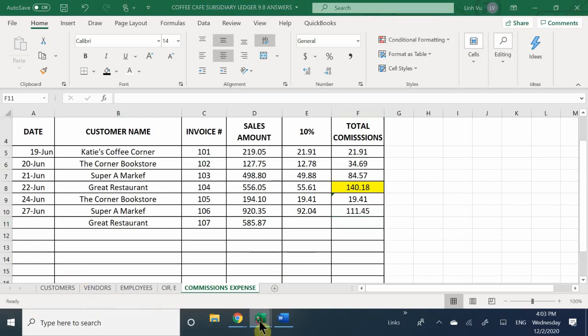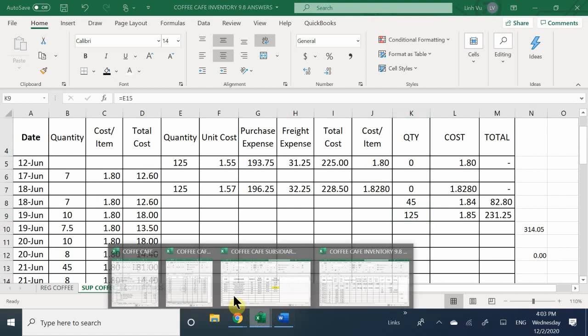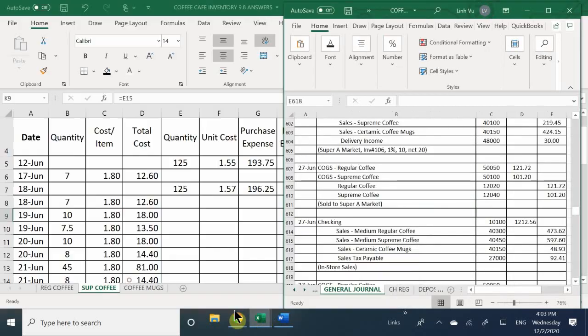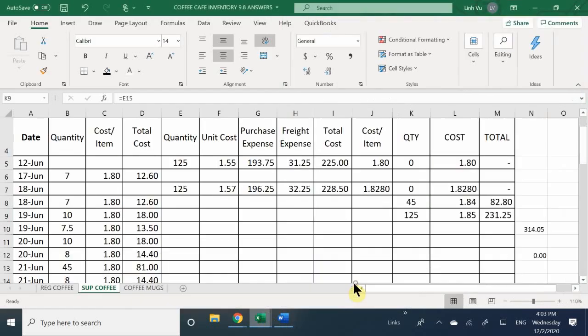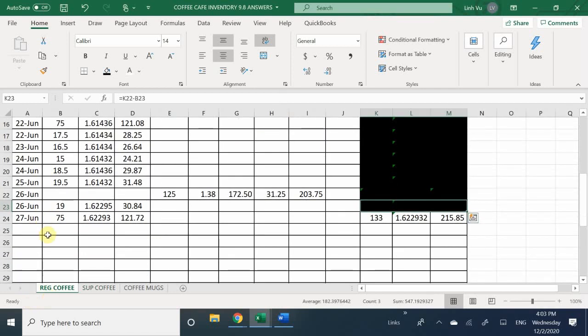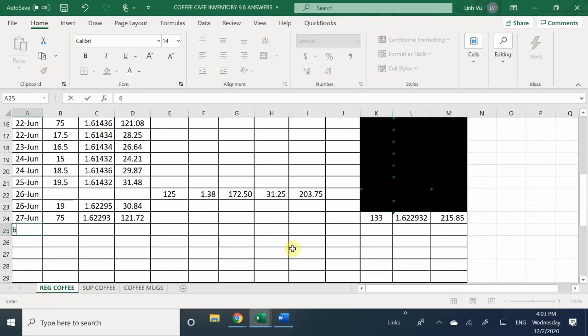Okay, so now I'm going to the inventory worksheet. And we're going to start with the regular coffee, which you said was 18 and a half pounds. Regular, yes. 627 for 18 and a half pounds.